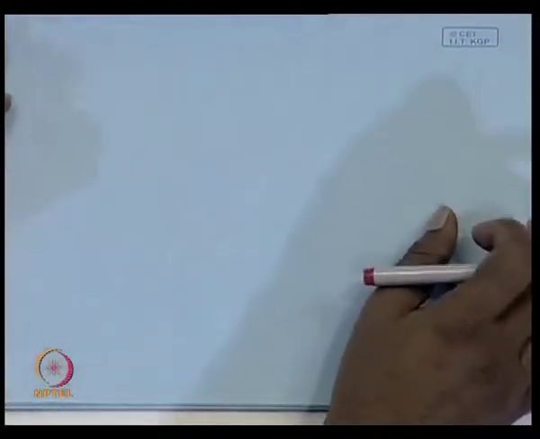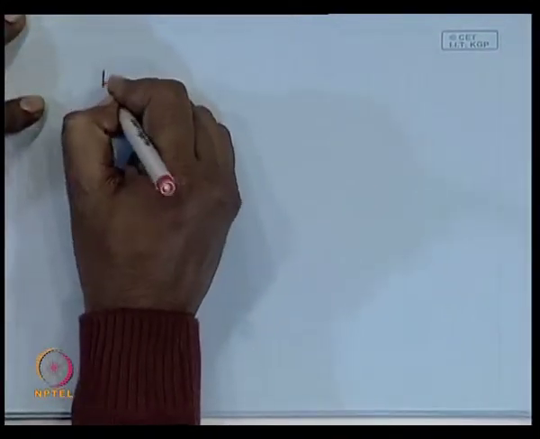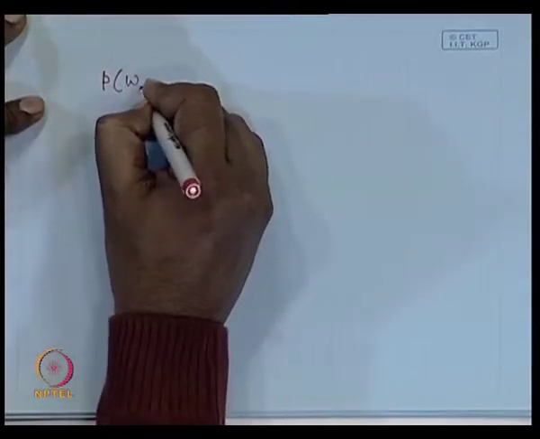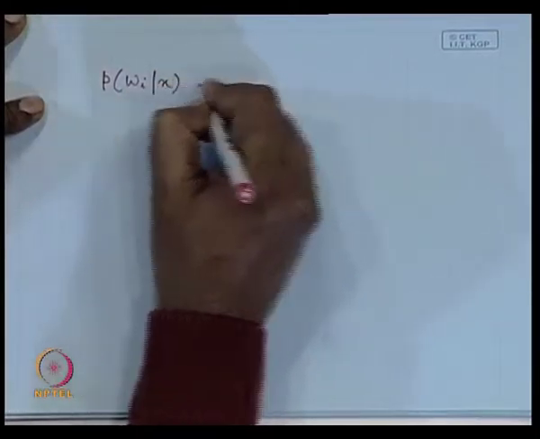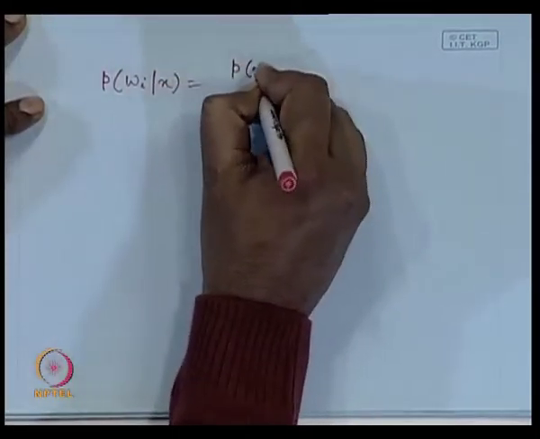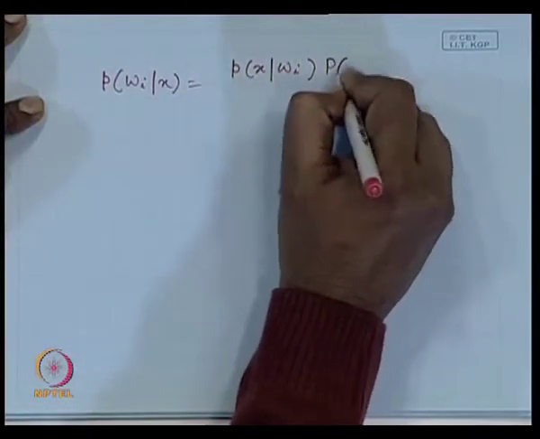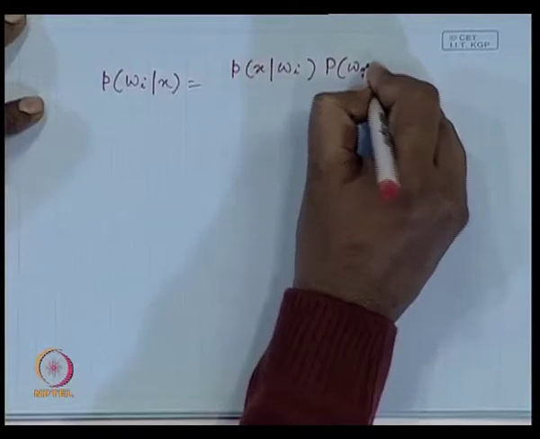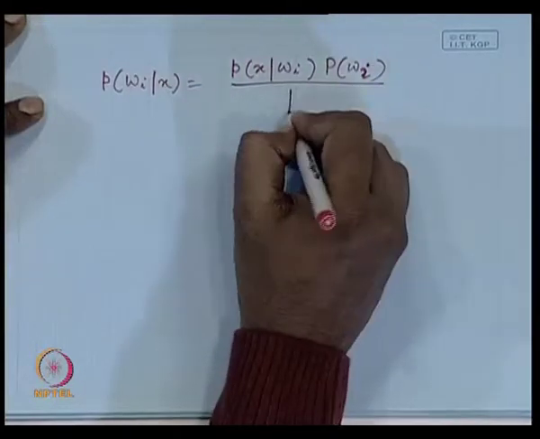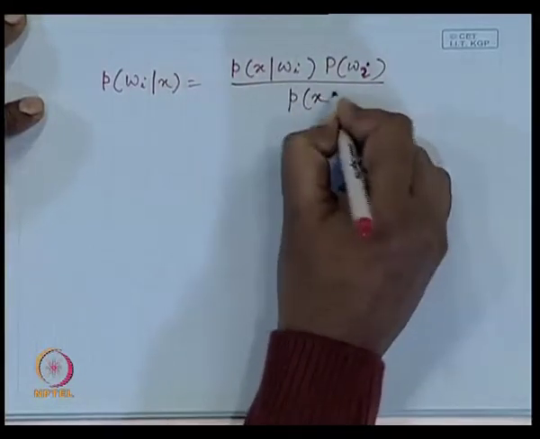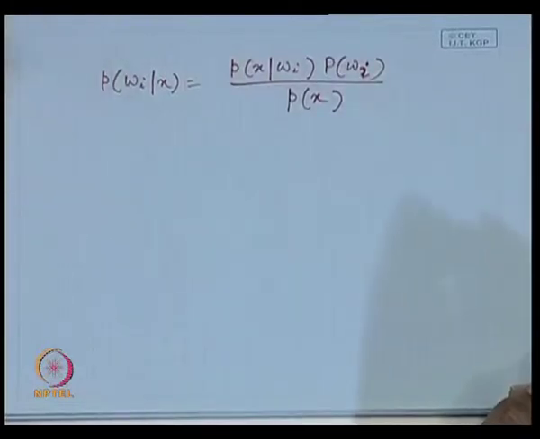So, as I have, let me repeat this expression, P of omega I given x is nothing but P of x given omega I into P of omega I upon P of x, okay.